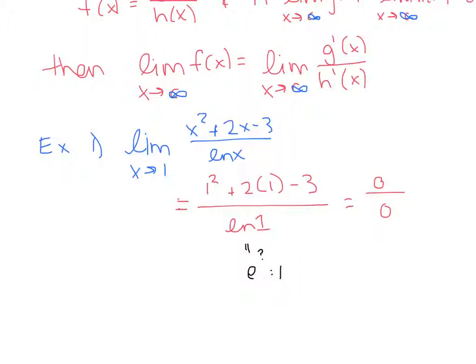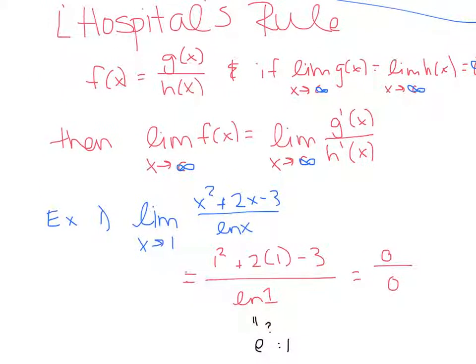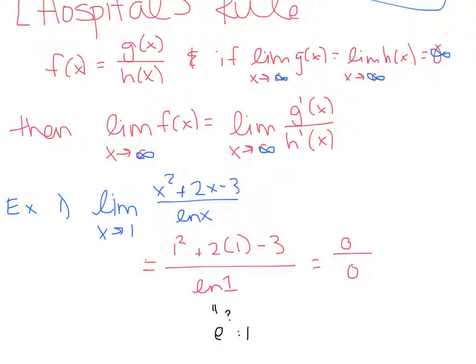So because we end up in this situation right here with 0 over 0, we can apply L'Hopital's rule. So if we look back at L'Hopital's rule, it says that if we have a function that's defined as the quotient of two other functions, so in this case, g of x would equal x squared plus 2x minus 3, and h of x would equal the natural log of x, okay?